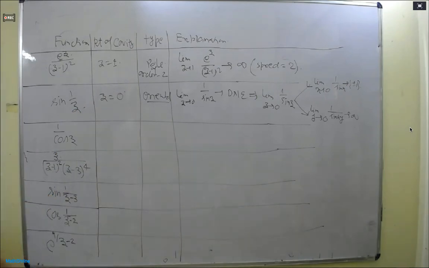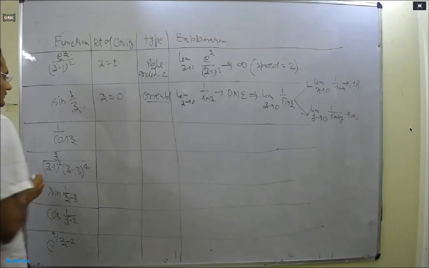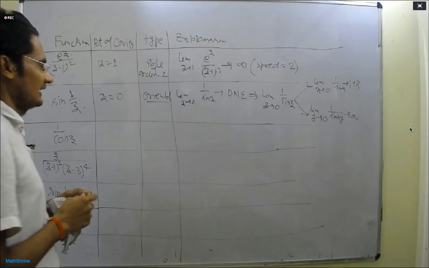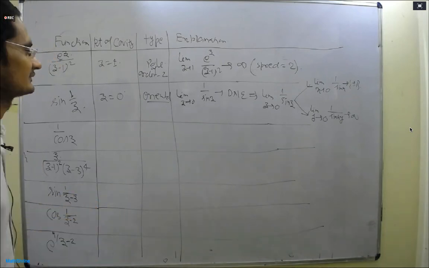The limit of sin 1 over z does not exist. Along the real axis, it will be plus minus 1. Along the imaginary axis, it will go to the infinity. This is not a bounded function in complex analysis.